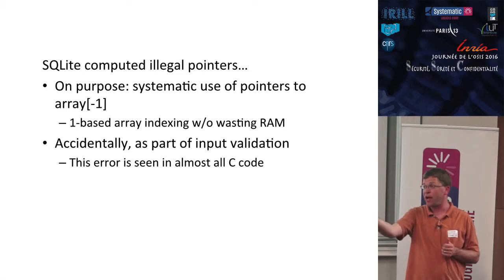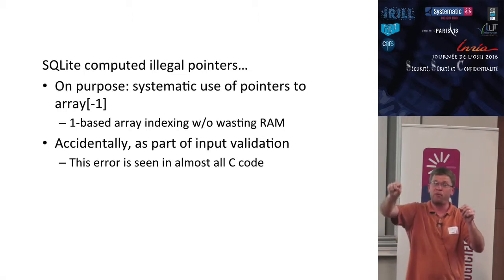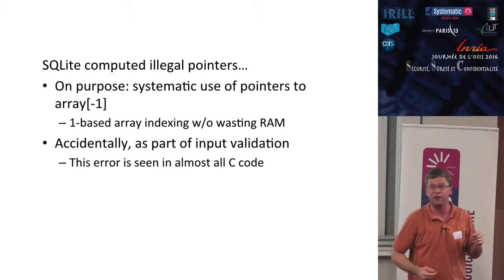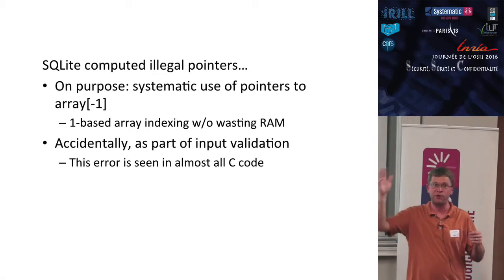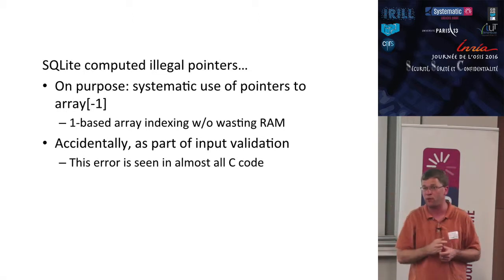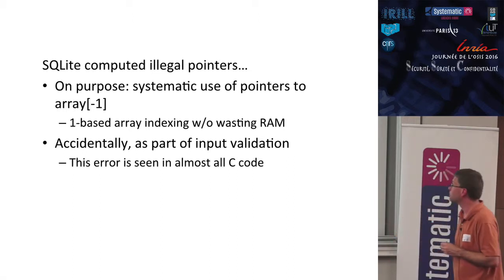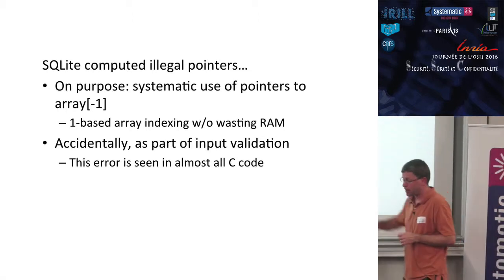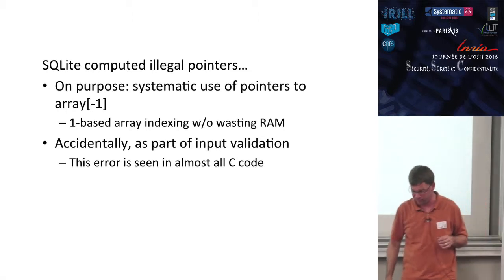This one is not at all harmless, because the out-of-bound pointer can wrap around the address space, and then a bounds check for overflowing pointers doesn't trigger because the pointer points to before the array instead of after it. That is a very harmful undefined behavior, and we found some of those as well. That particular error is seen in most C code.